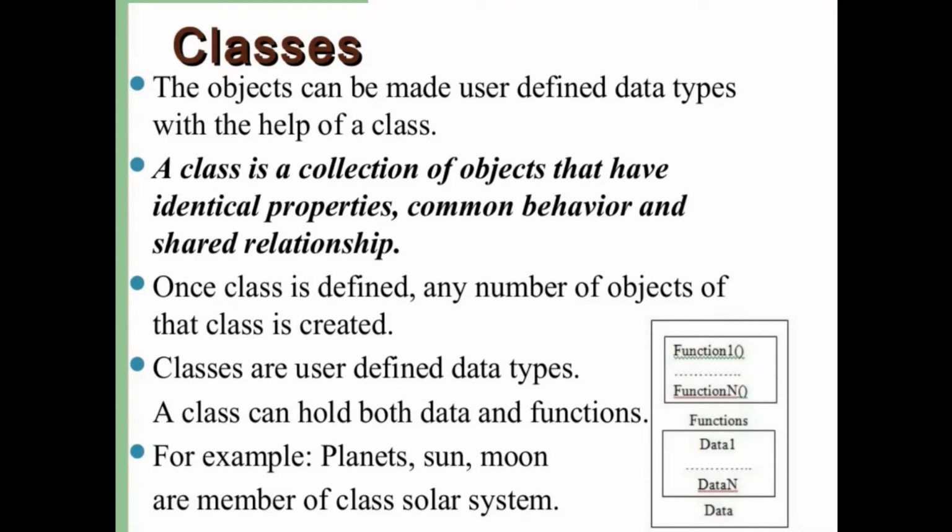Once the class is defined, any number of objects of that class can be created. So classes are user-defined data types, and the class can hold both data and functions. For example, planet, sun, and moon are members of the class solar system.